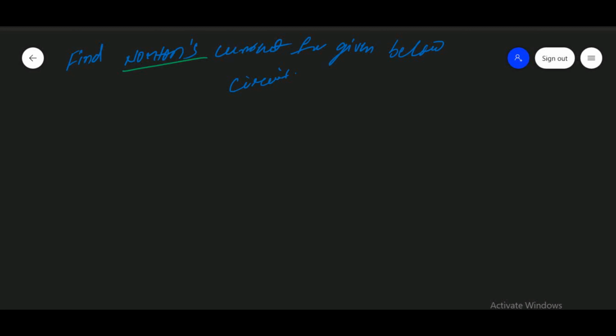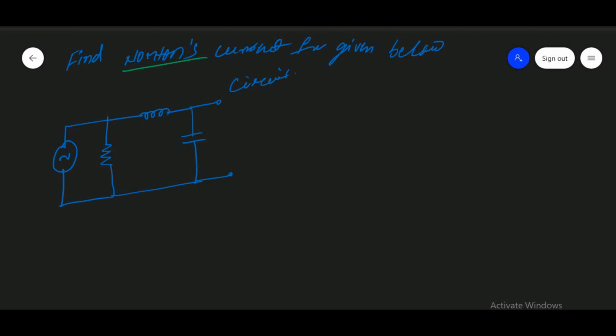Let us take a current source in parallel with one resistor, one inductor and one capacitor, and this is your open terminal.